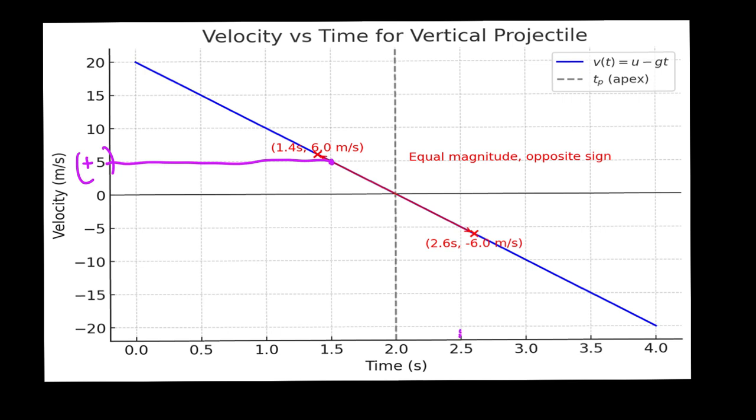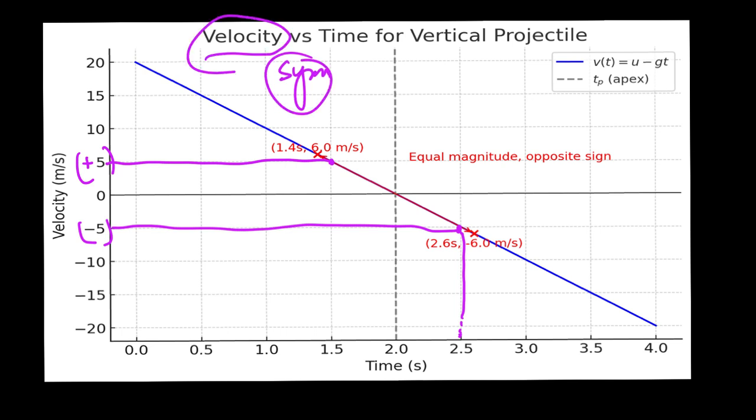At 2.5 seconds, the velocity corresponds to negative 5. So this is what we mean by symmetry of velocity.